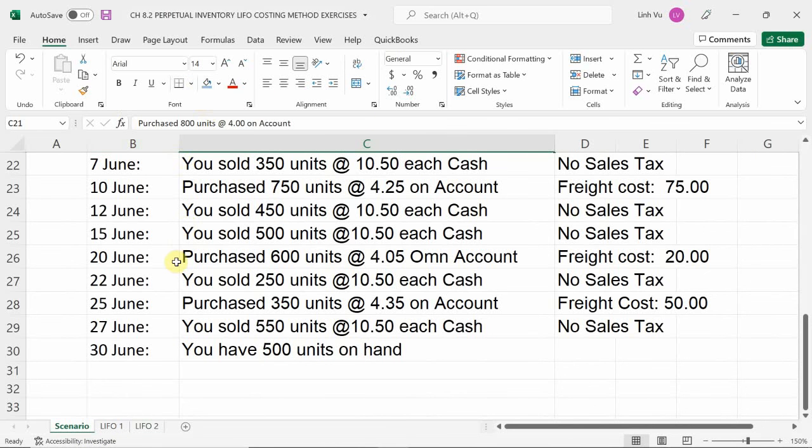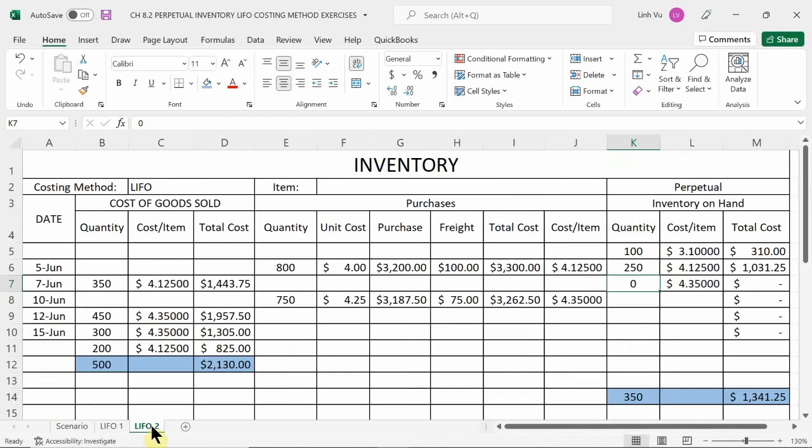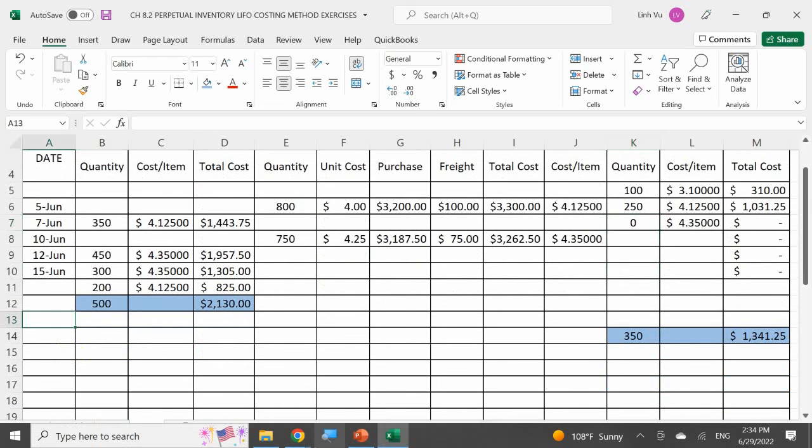June 20th, you end up purchasing 600 units at $4.05 each with a freight of $20. Okay.